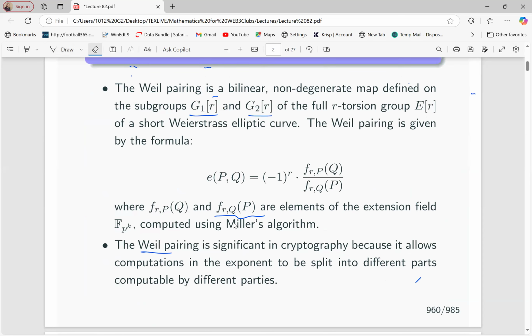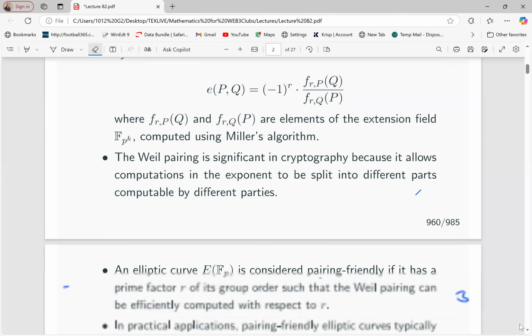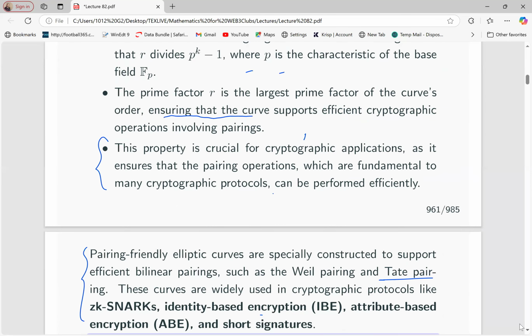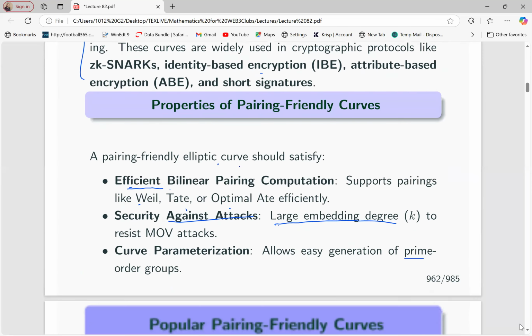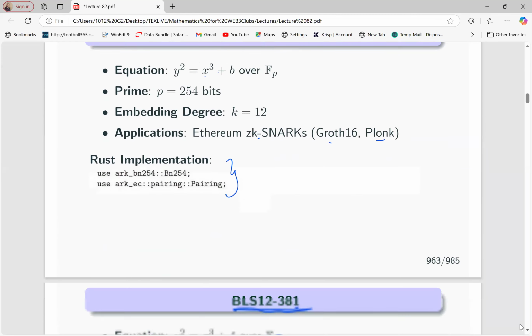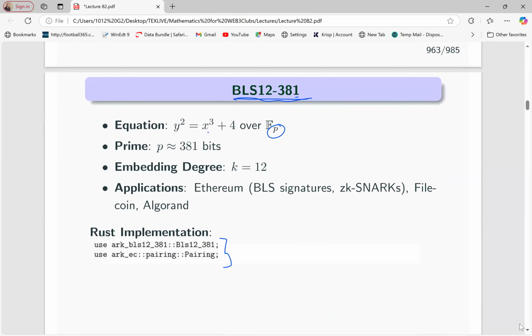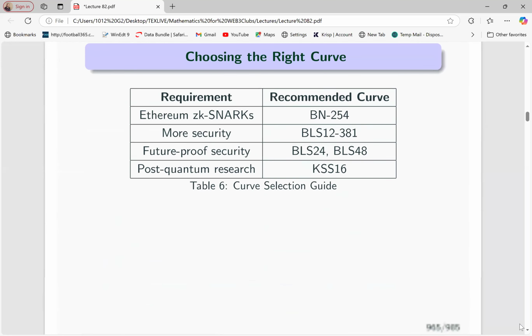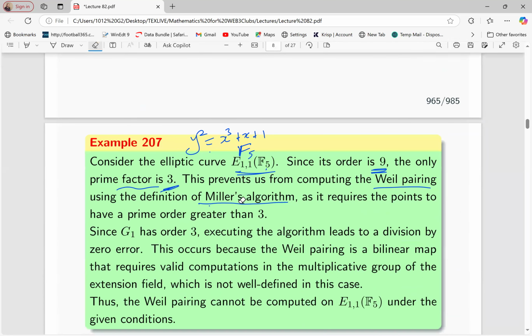But while computing the denominator, if the divisor is 3, the denominator would then be 0. Of course, Miller's algorithm you cannot compute manually. It's a very long process. So it's better you do it using code.